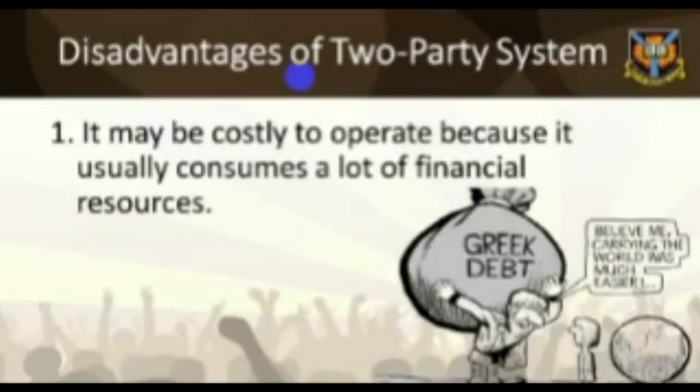The nations that are poor may find it an uphill task to sustain the two-party system, and that is why most developing countries like Africa usually seek financial assistance from international donors, mostly the developed countries or their agencies.